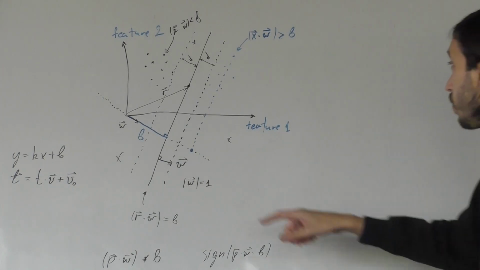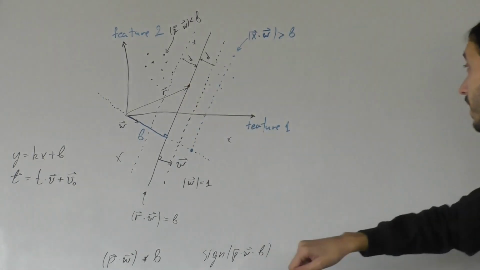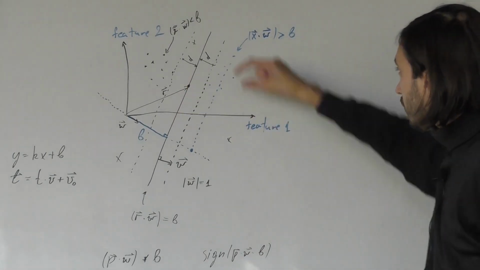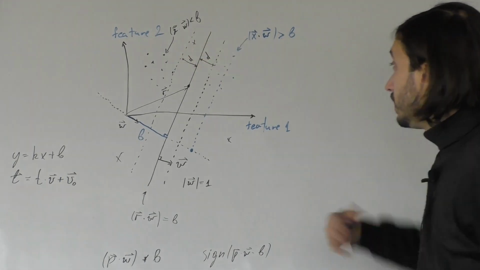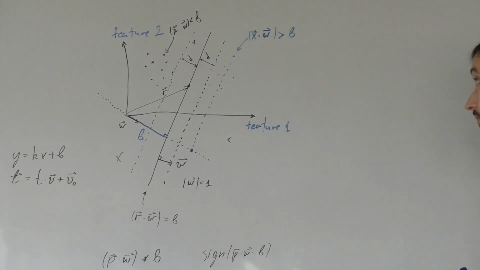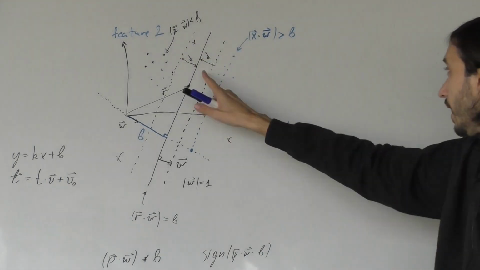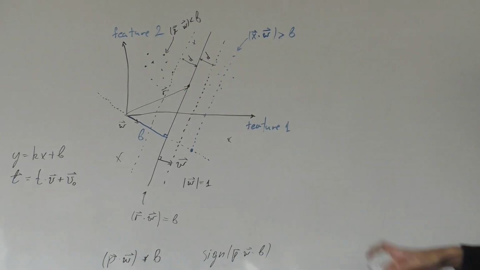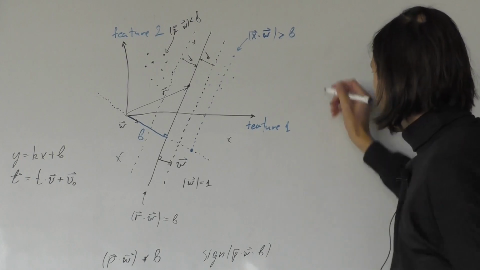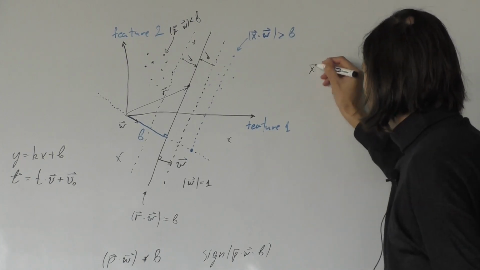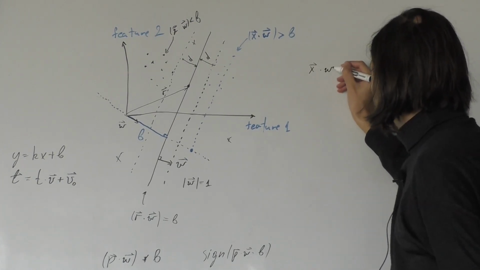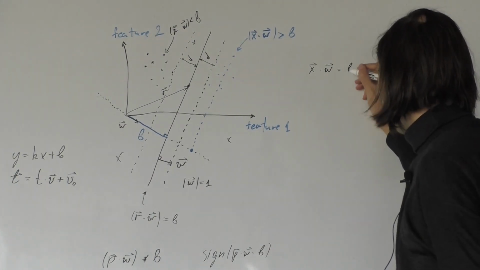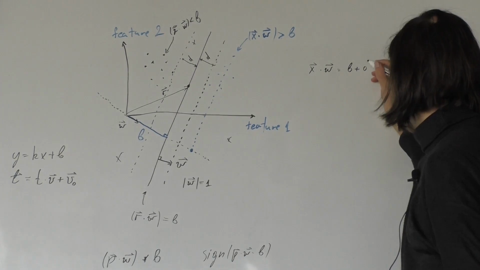So now what I want is to say that the minimal distance to this line should be d, no more, no less. And this can be expressed in our formulae. So the closest point that we have should satisfy x times w equals b plus d.